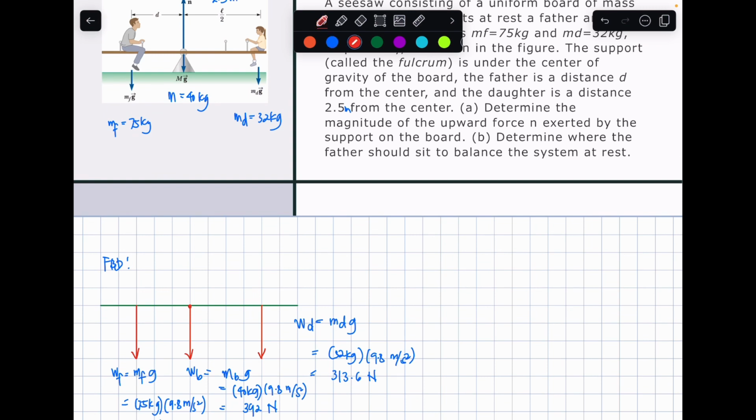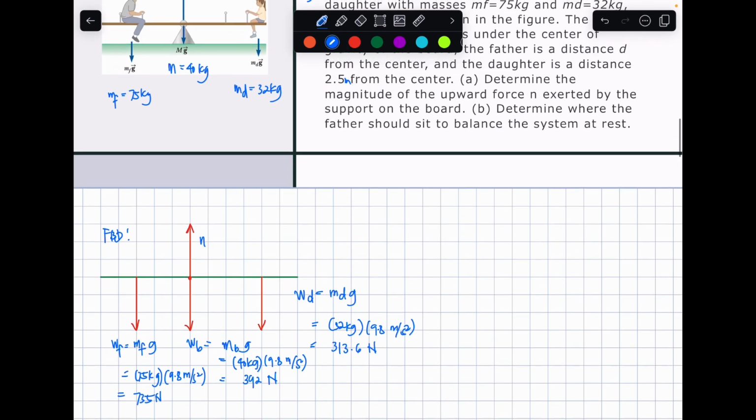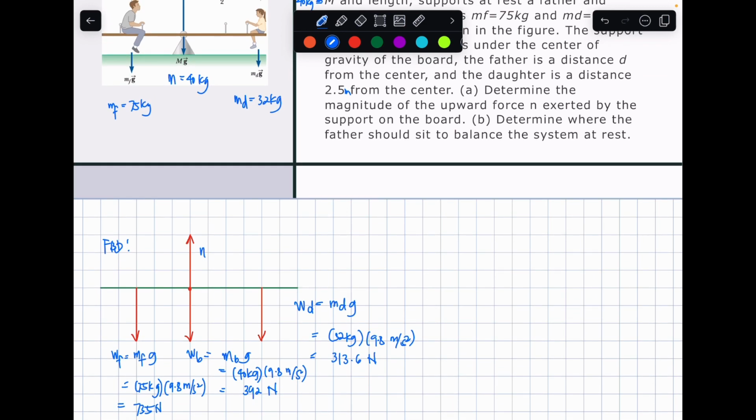So our task is to find the normal force, in between the contact. And at the same time, if the distance here is equivalent to 2.5 meters, what would be this distance d?